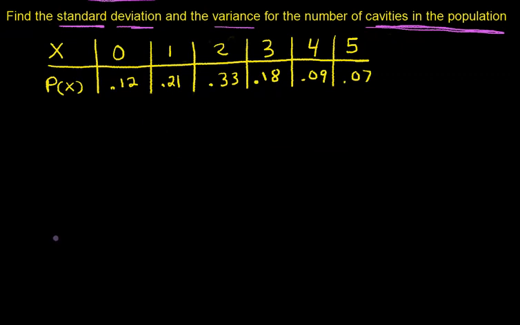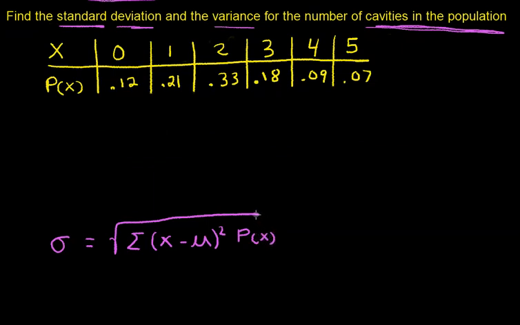So the equation for standard deviation, you remember we use this Greek letter sigma to represent standard deviation. This is going to be the square root of the sum of x minus mu, remember, mu is the population mean, squared, times p of x, the probability of x. So you take the squared differences from the mean and you multiply that by the probability of the value of x.